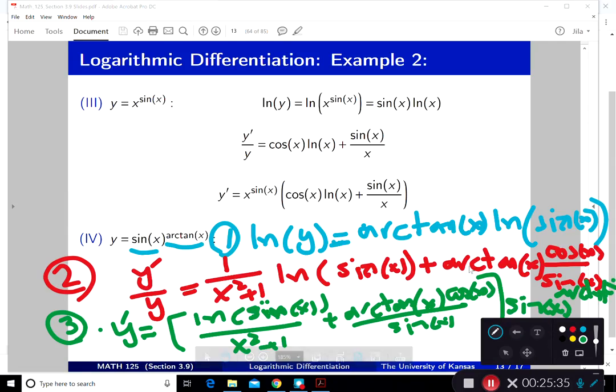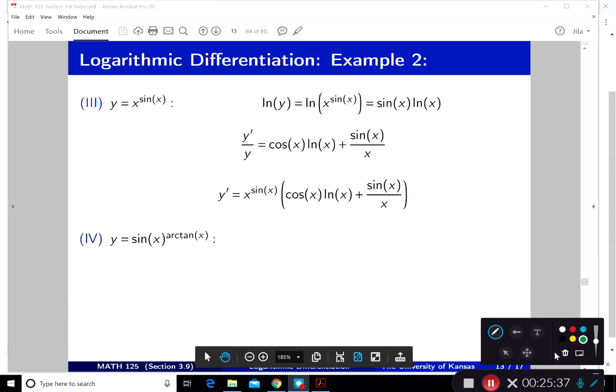And so that's how we take the derivative in here.